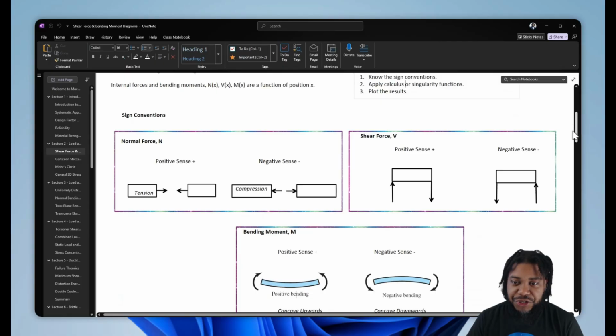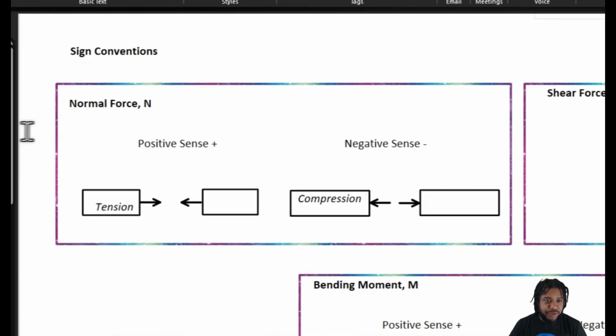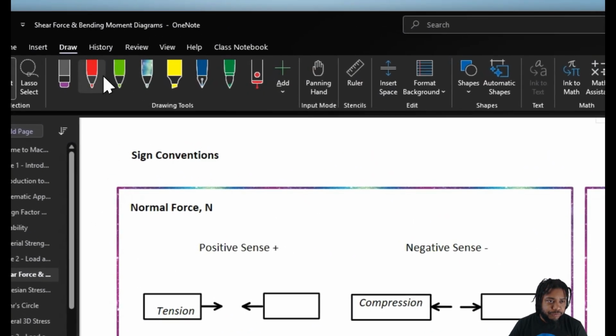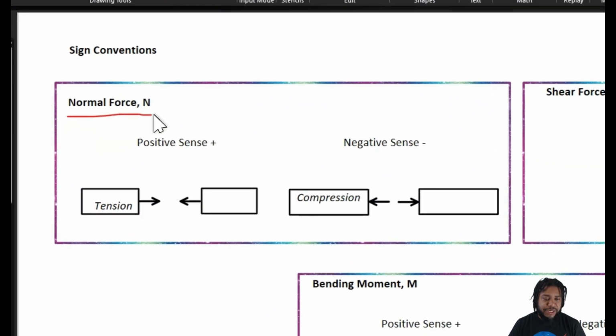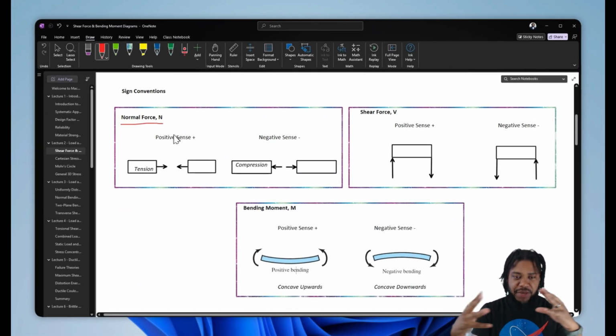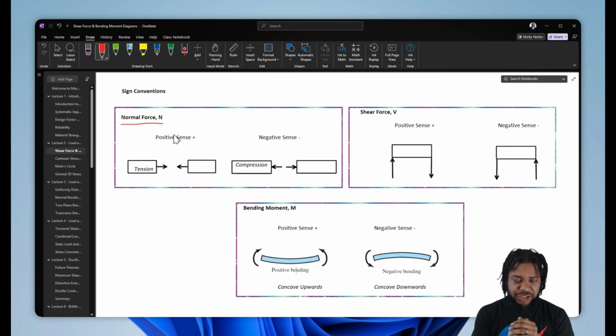The sign conventions for these forces and moments. Normal force. Normal force is the force that is transmitted along the beam's cross section, right? So perpendicular to its cross-sectional area. Positive normal force is one that causes tension or a stretching mode within your geometry.